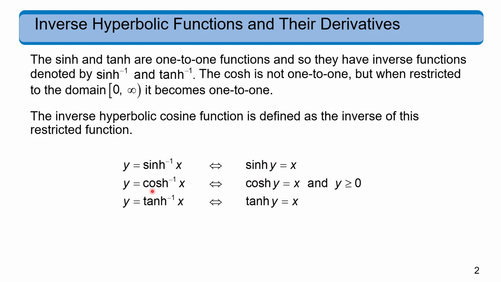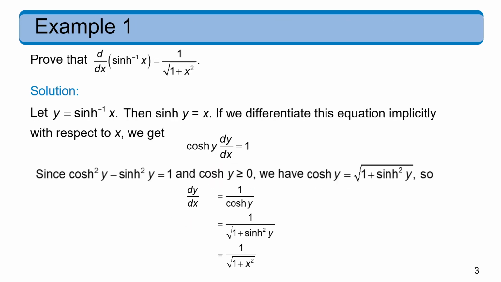And we do the same with the other functions here. Now we're going to look at the derivatives of the 6 inverse hyperbolic functions. We'll start by finding the derivative of the inverse of hyperbolic sine.